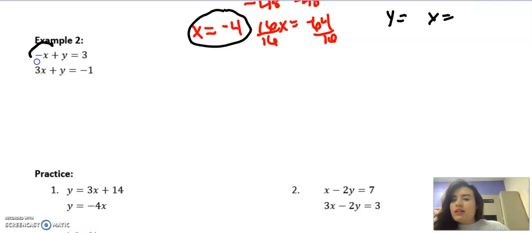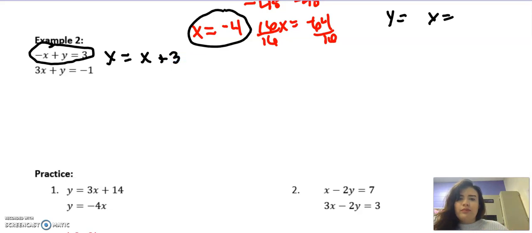You want to make it easy on yourself. Both of these are pretty easy to solve for x, or y I mean, but here all we have to do is add the x to the other side. Then we get x plus 3 equals y. So now we're going to plug in this for y right here.